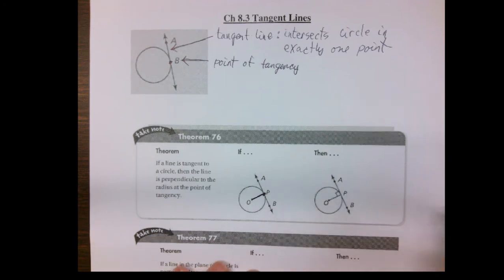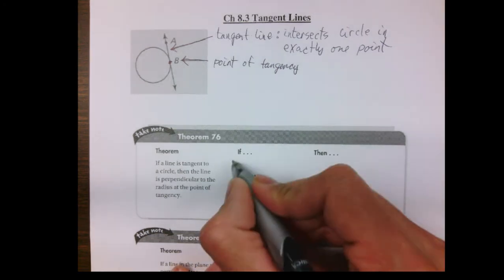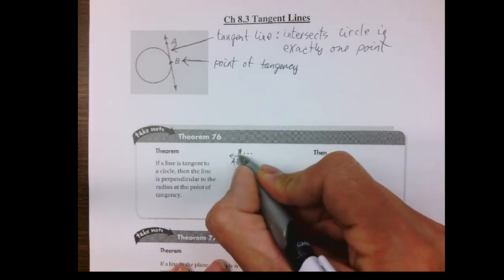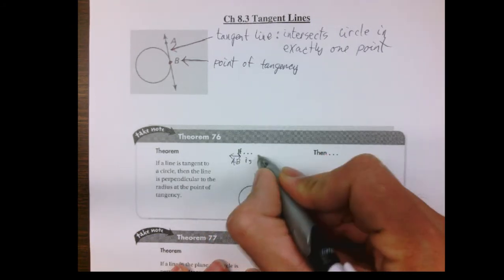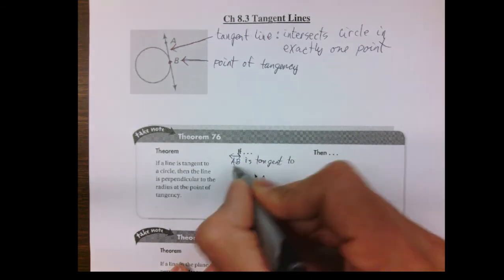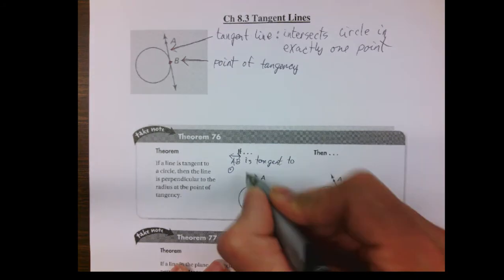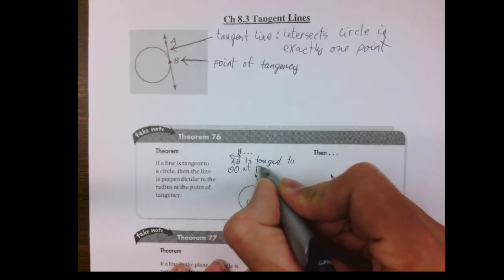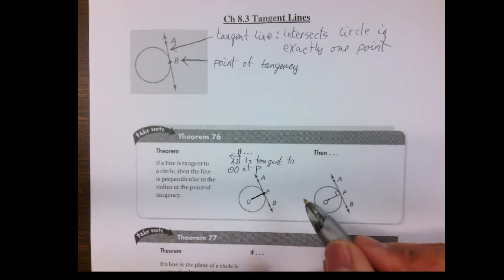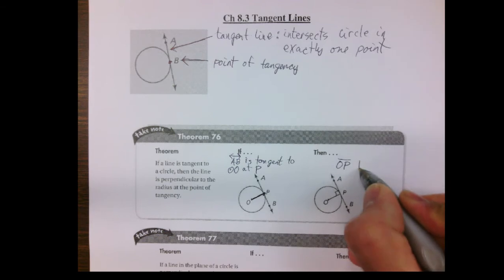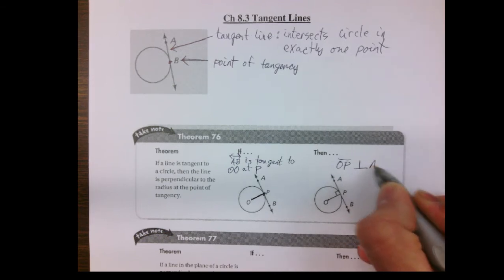If we put that into an if-then statement: if line AB is tangent to circle O, the center is O, and at P, the point of tangency, then we've got radius OP is perpendicular to line AB.